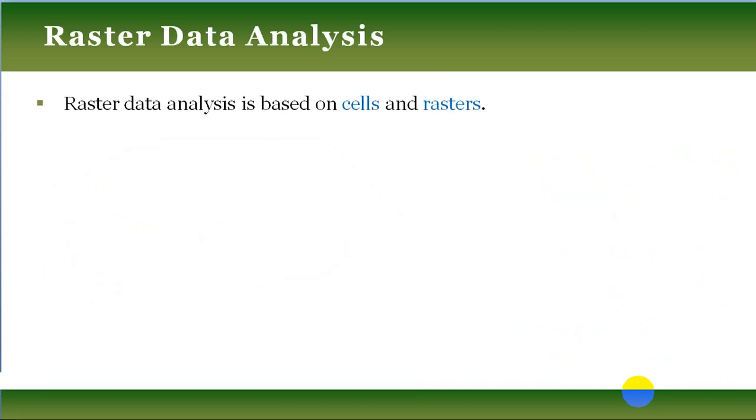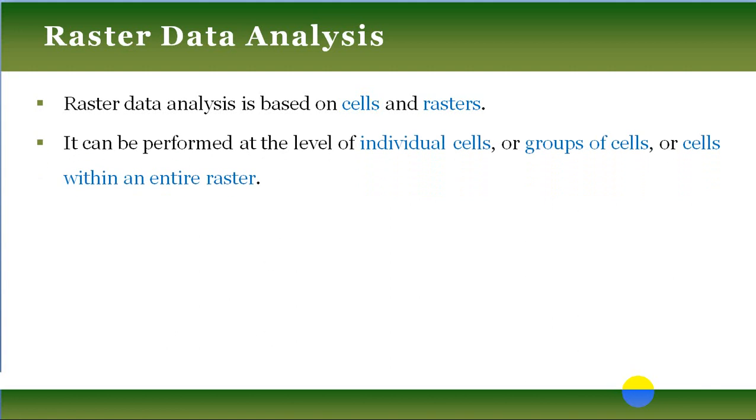Raster data analysis is basically based on the cell, also called pixel, of a raster. It can be performed at the level of individual cells of a raster, or a group of cells of a particular raster, or all the cells within an entire raster.